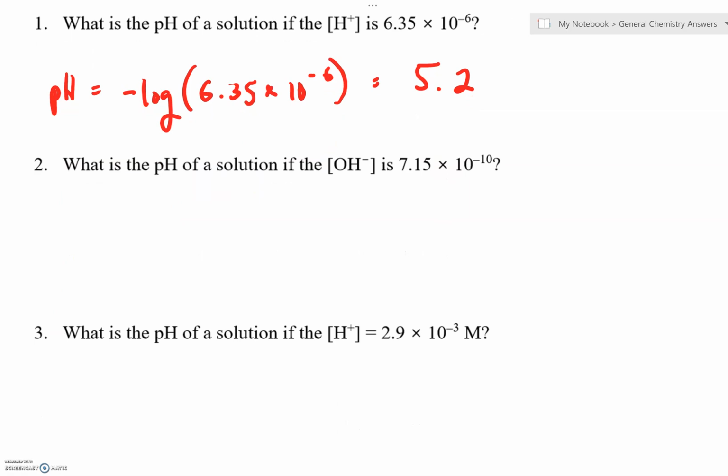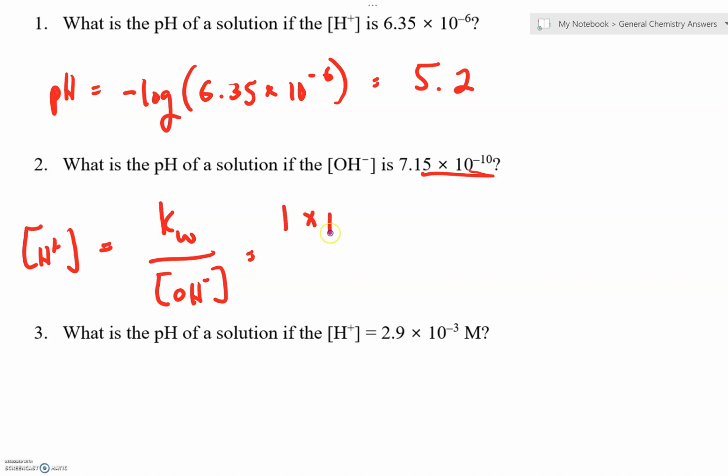Here's number 2. It doesn't give us H+, it gives us OH-. So the first thing that we want to do is solve for H+. So it's going to be equal to Kw over OH-, which we know, both of these. Kw is 1 times 10 to the negative 14th.